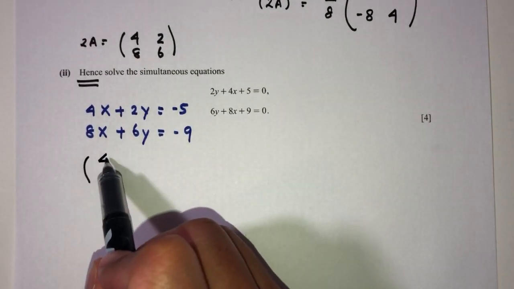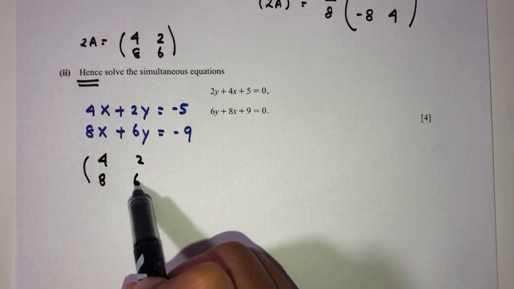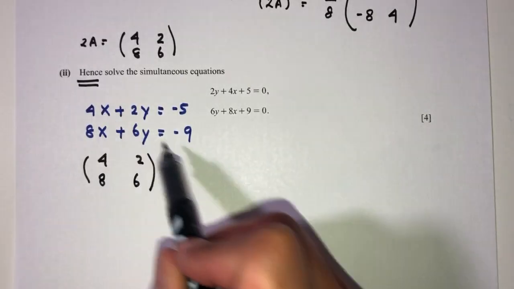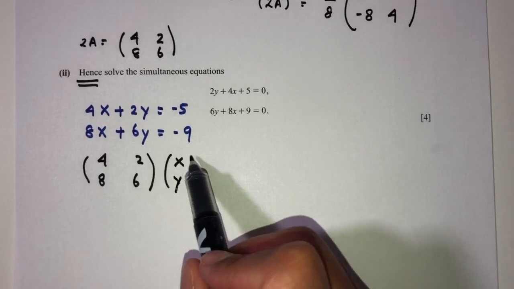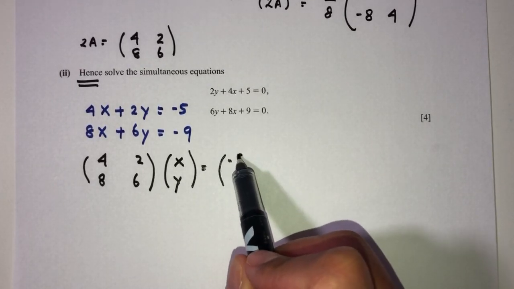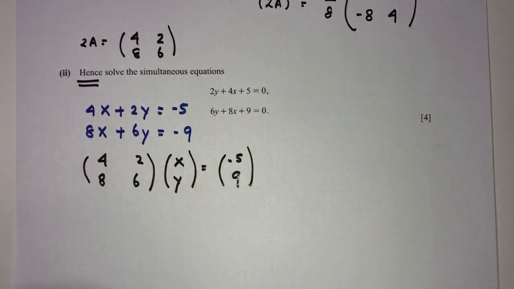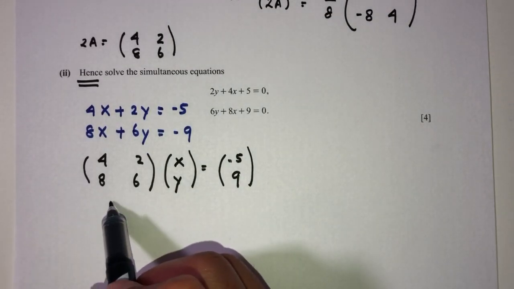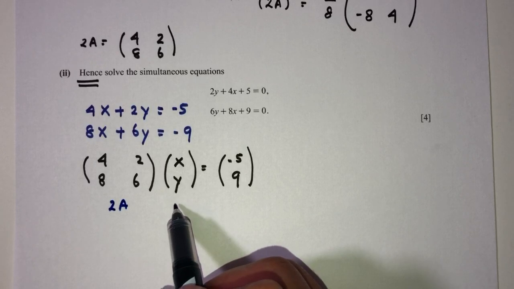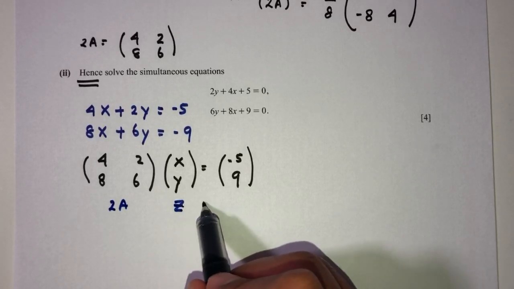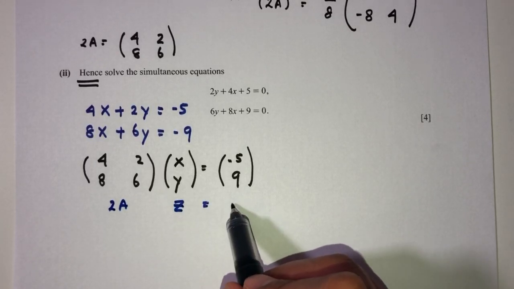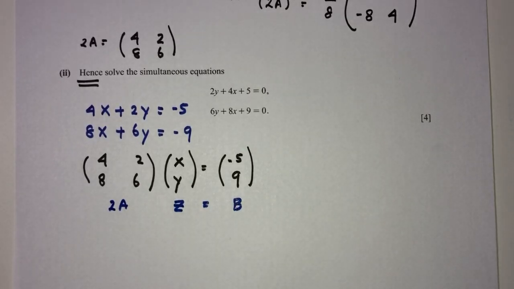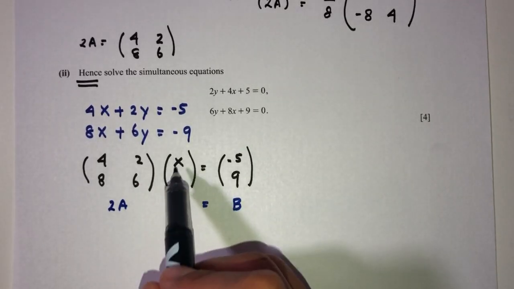That will be 4, 8, 2, 6, times x, y, equal to minus 5, 9. Now, for example, let's call this one 2A, this one z, and this one b. We want to find the value of z because we want to find the values of x and y.